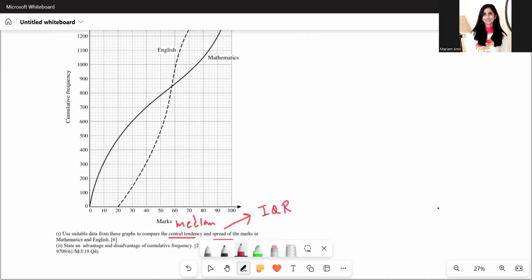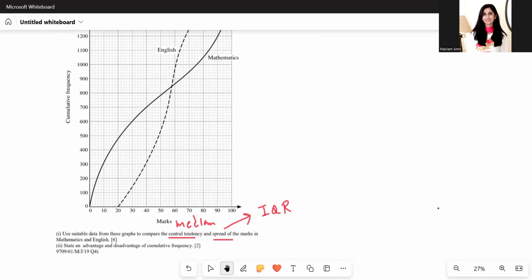So we're going to compare the interquartile range and the median for both English and mathematics, to compare central tendencies, which are the medians, and the spread, which is the interquartile range, preferably, or it could also be the range.